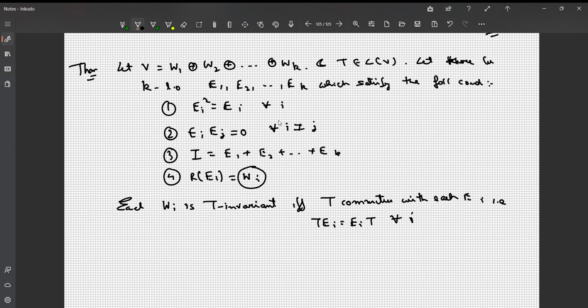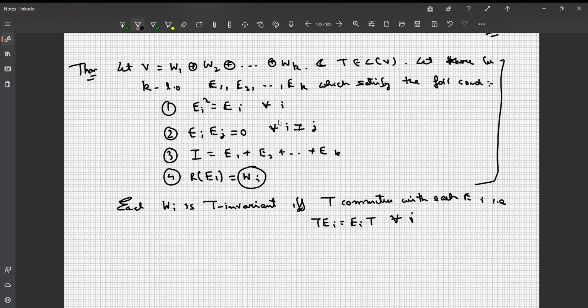Now, what is the purpose of this statement? We know that this part is trivial, in the sense that such a decomposition exists for a certain vector space. So if we consider a linear operator which commutes with these Ei's, then this vector space actually decomposes into an invariant direct sum, that is, into T invariant subspaces.